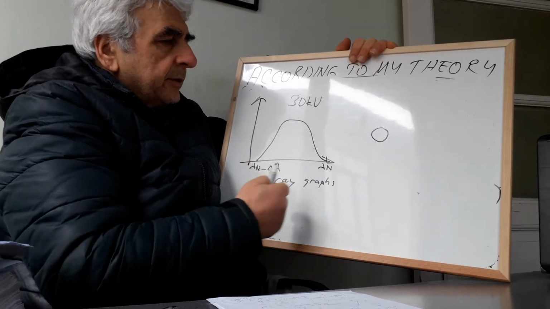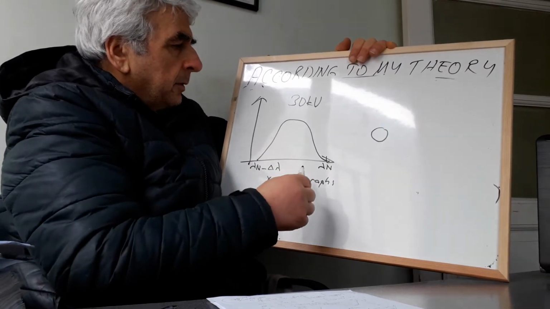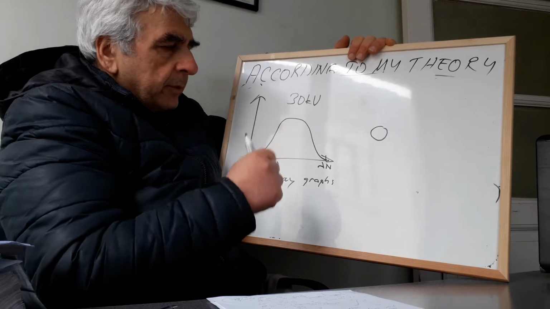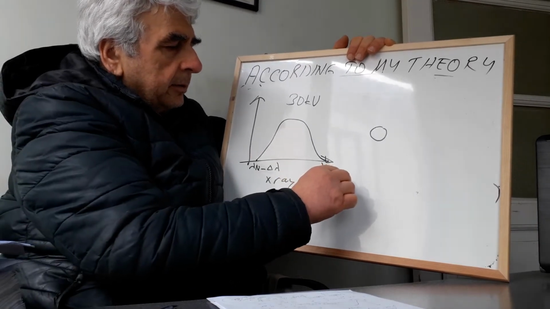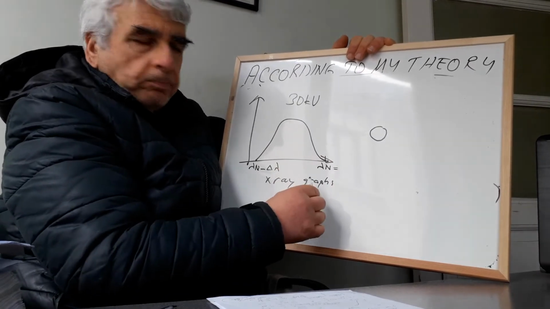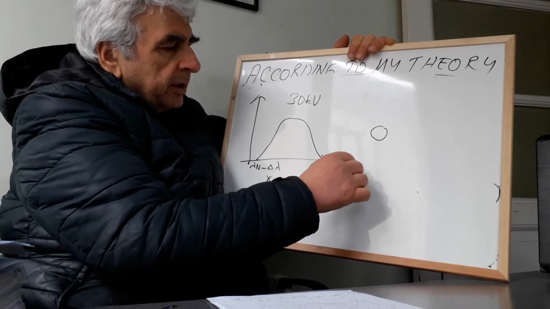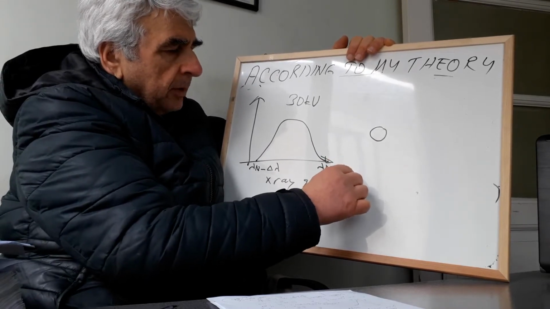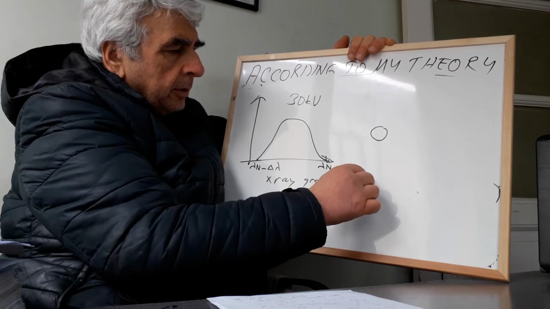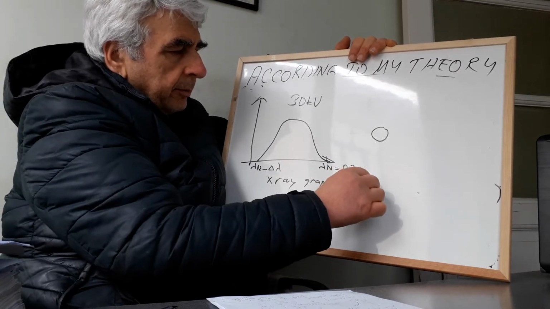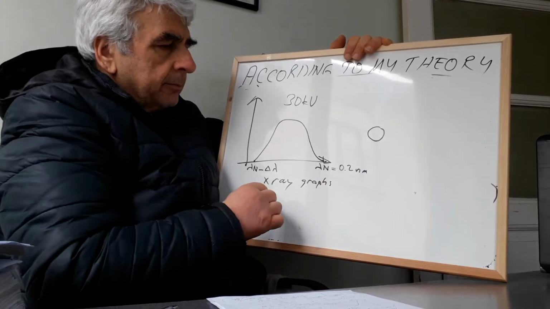For instance, this graph represents what? Before that, let Ln be 0.2 nanometer. Okay.